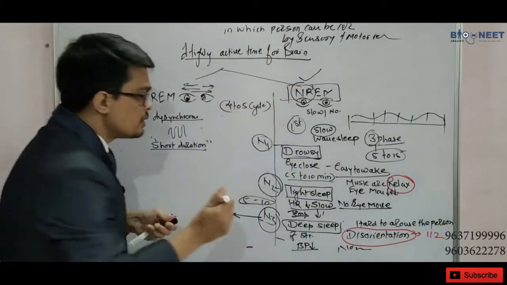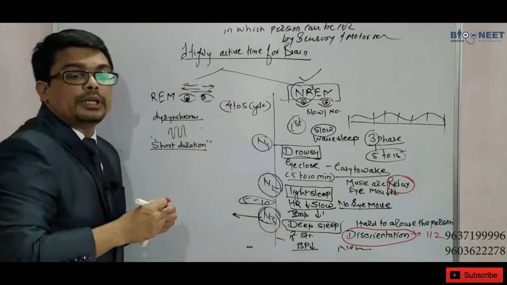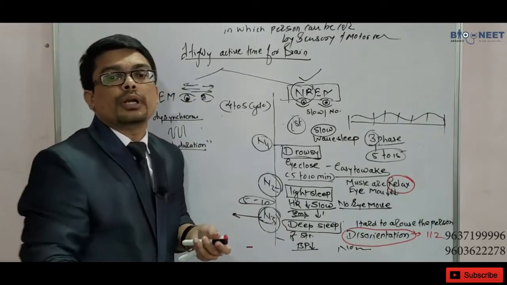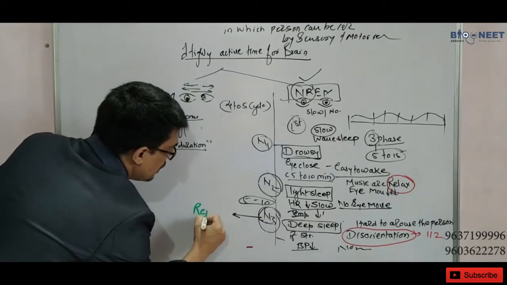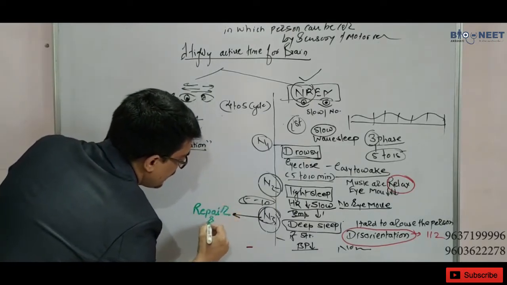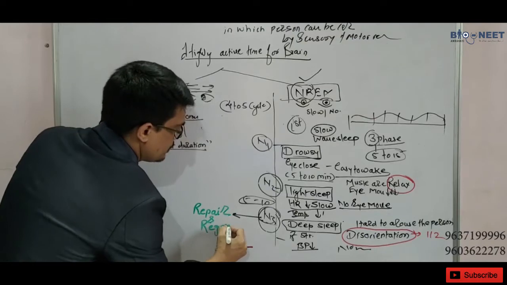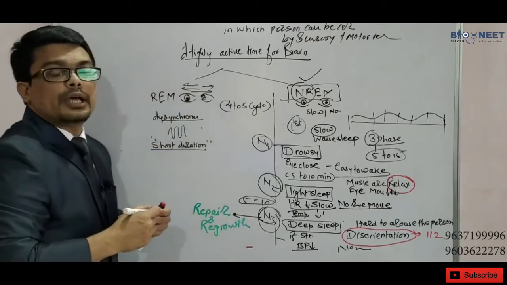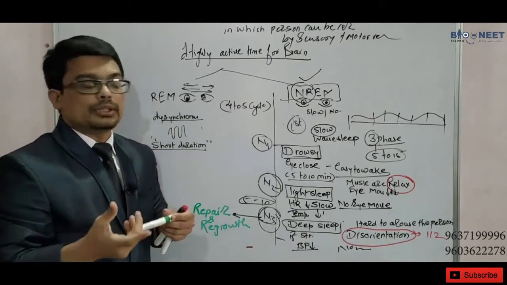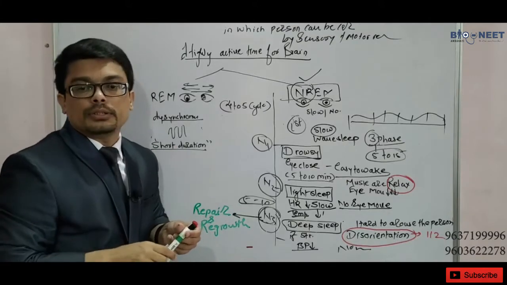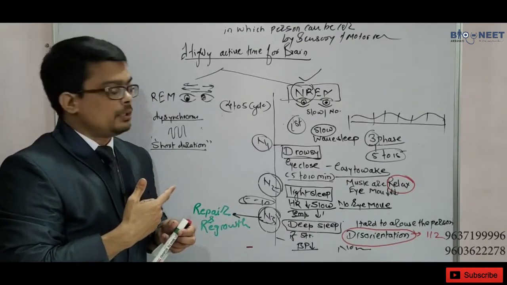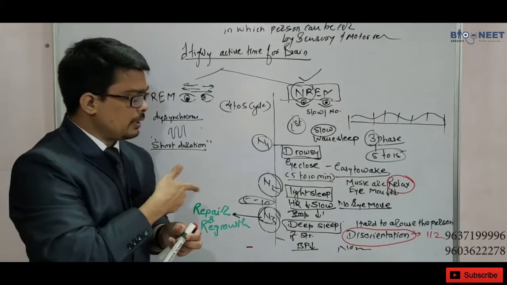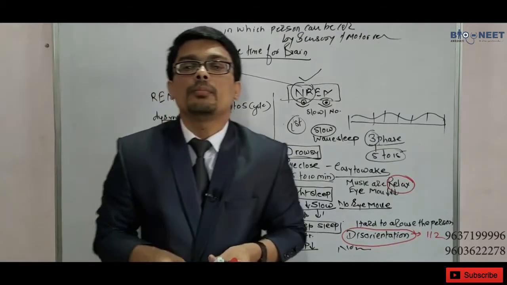Stage 3 is very, very important for repair and regrowth. Whatever cells or things are damaged are going to be repaired in N3. That is why I said sleep is not an inactive state. It is very, very active. Here there is repair and regrowth of tissue.